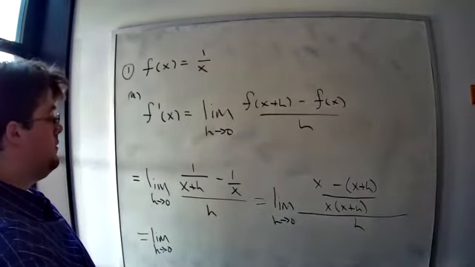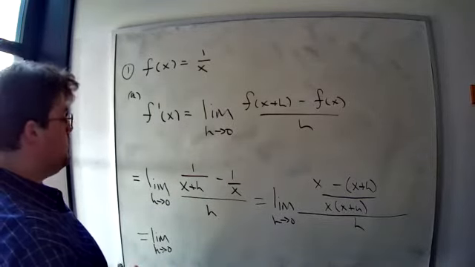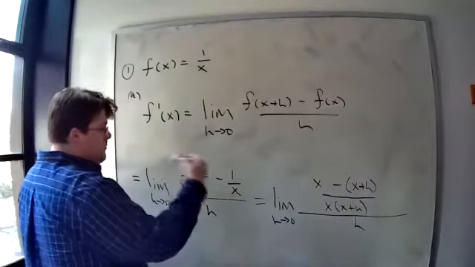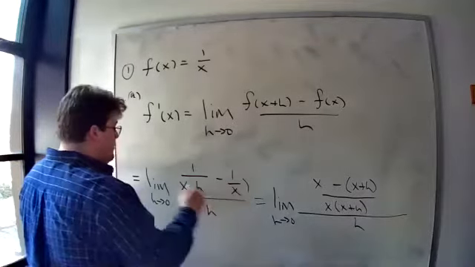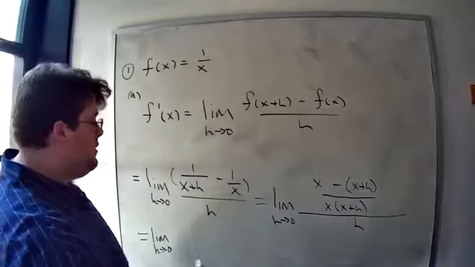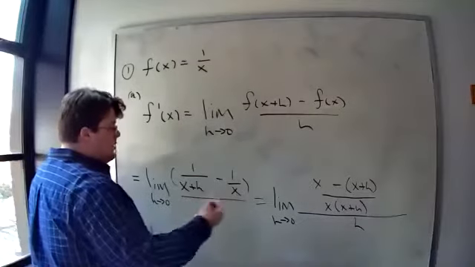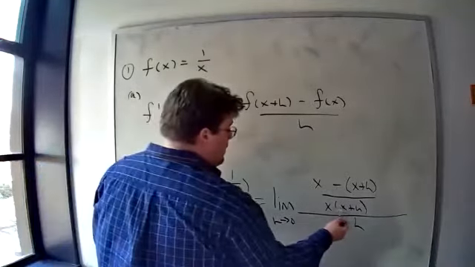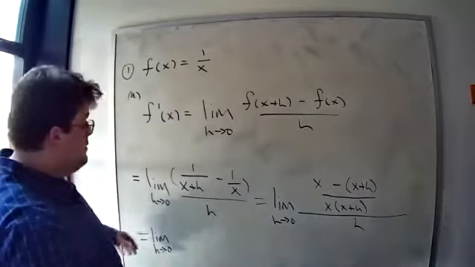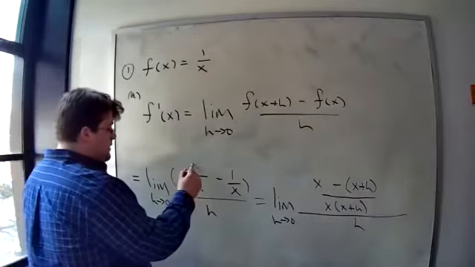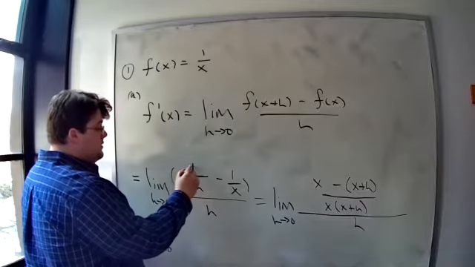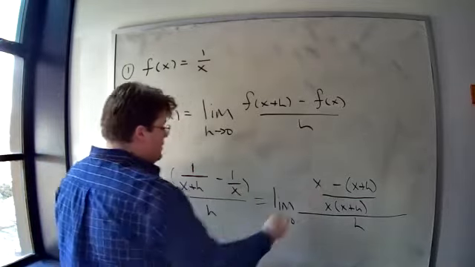Professor, what did you do before? So up here, we combined these two pieces in the numerator. So the common denominator in the numerator is x times x plus h. So that's what we have here. And then to get the common denominator on this piece, we need to multiply by x. 1 times x gives us this x.